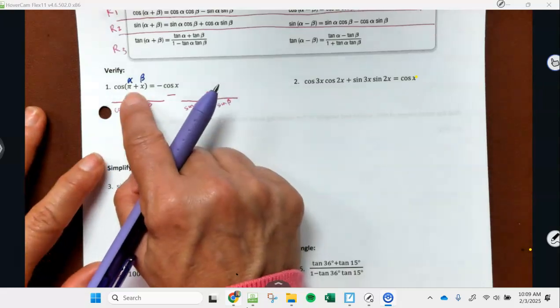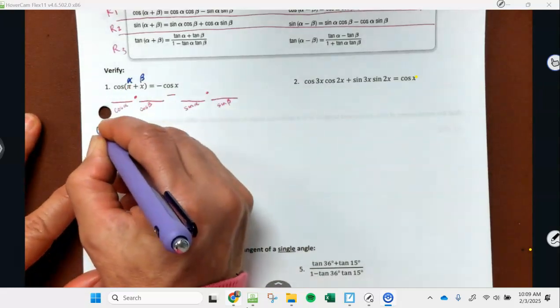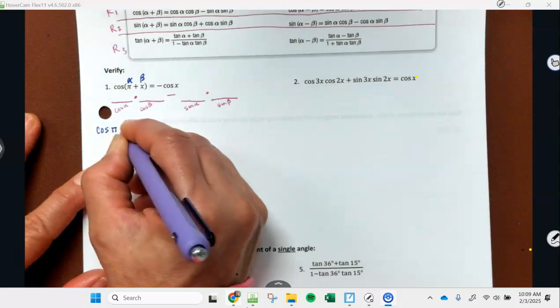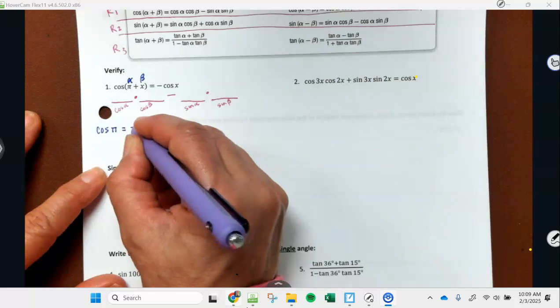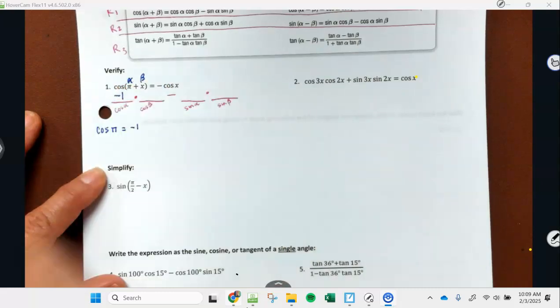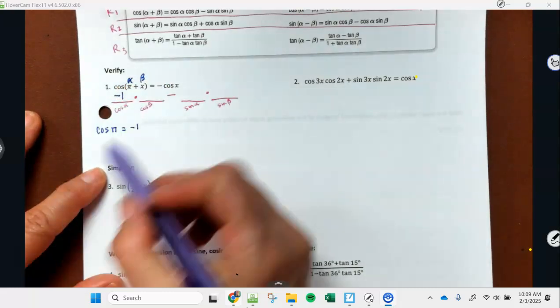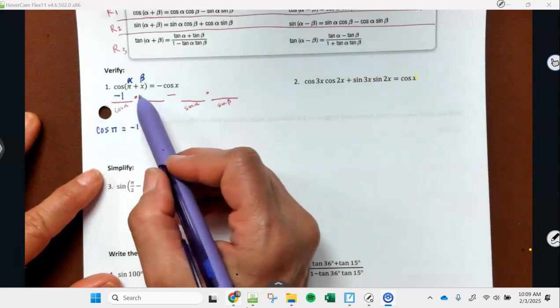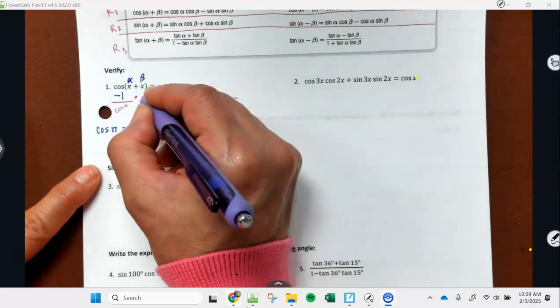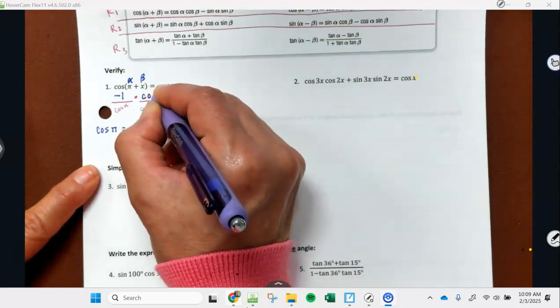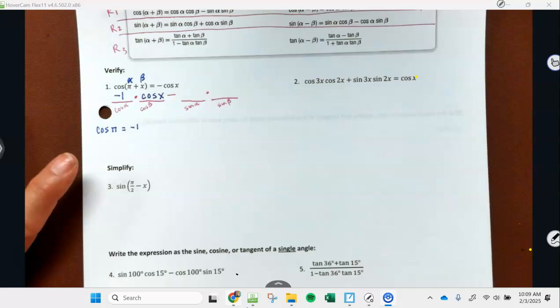You should know the cosine value for pi. What's the value for cosine of pi? Yeah, that's right. Very good. That goes right here. Cosine beta is the cosine value of x. X is an unknown. I have no idea what that is. So that's going to be just whatever cosine x. Whatever that is, it's cosine x.